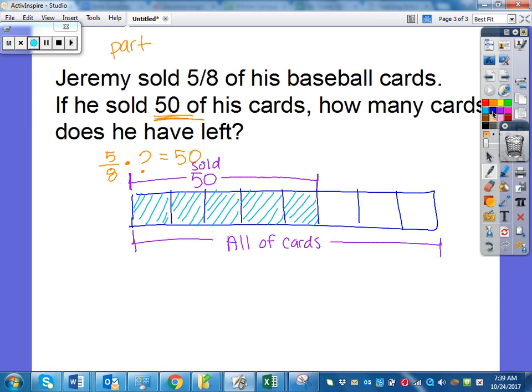Now, from my diagram, I can figure out what do I need to do. If I have 50 cards and I have how many boxes? 1, 2, 3, 4, 5. I'm going to go ahead and say 50 divided by 5, which is 10.